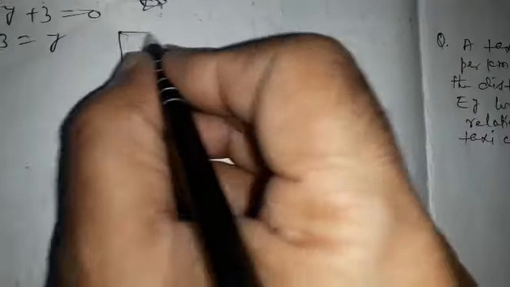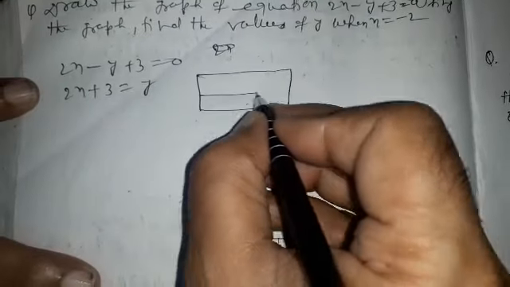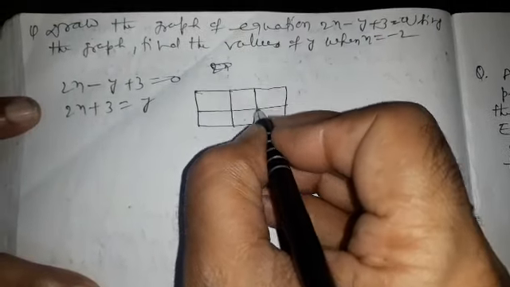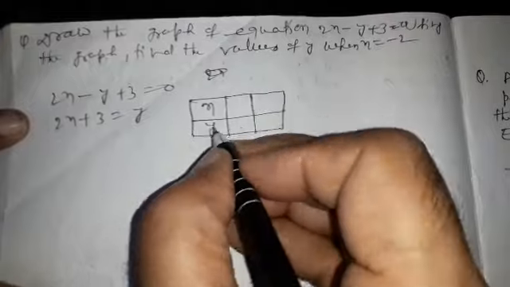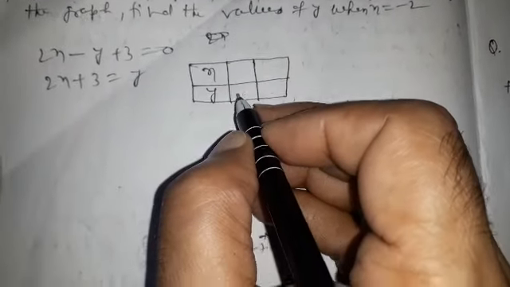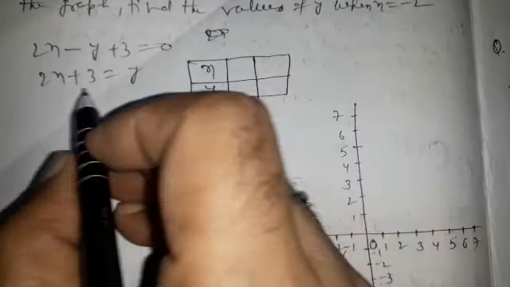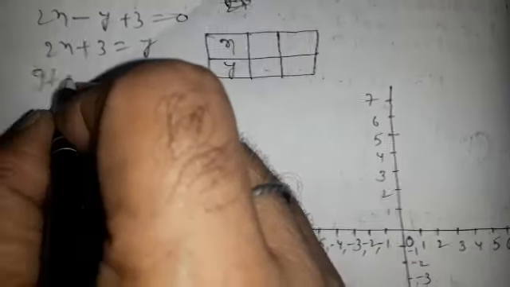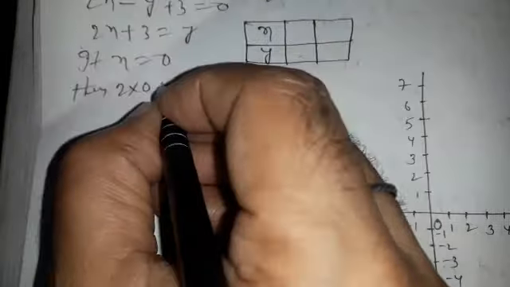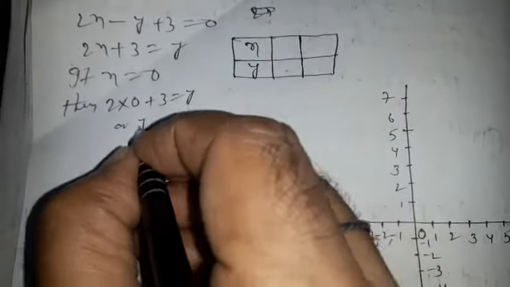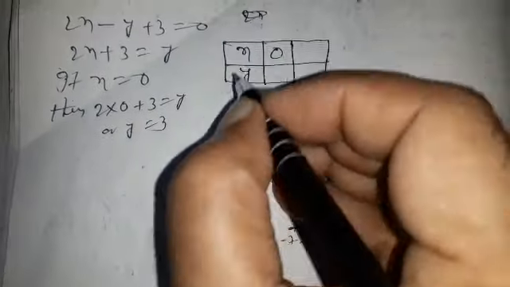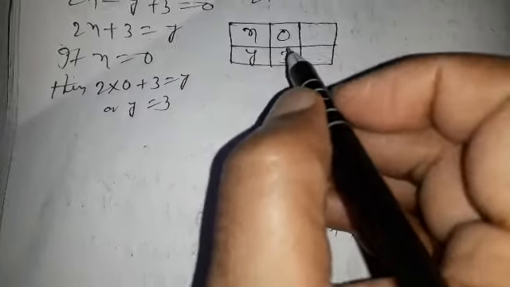To form a table, write any two values of x and the corresponding values of y. If x = 0, then 2 into 0 plus 3 is equal to y, so y = 3. So if x is 0, y is 3.